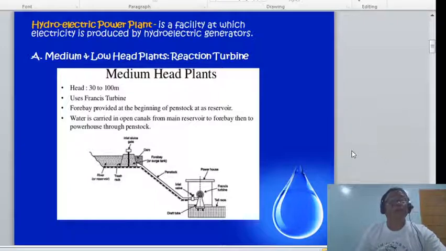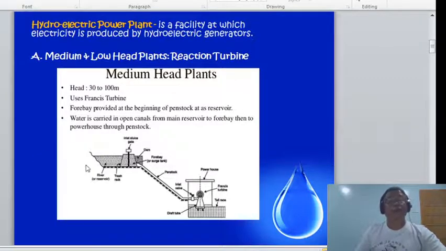For medium head plants, the head is 30 to 100 meters, and the turbine is the Francis turbine. A surge tank is provided at the beginning of the penstock at the reservoir. Water is carried in open canals from the main reservoir to the surge tank, then to the powerhouse through the penstock.